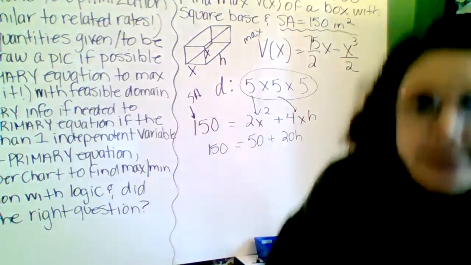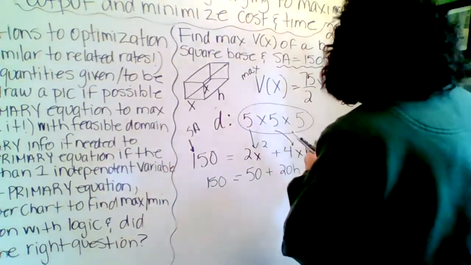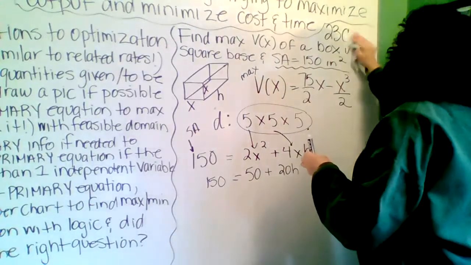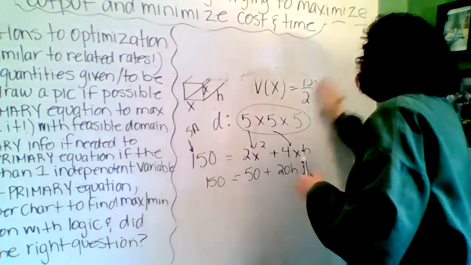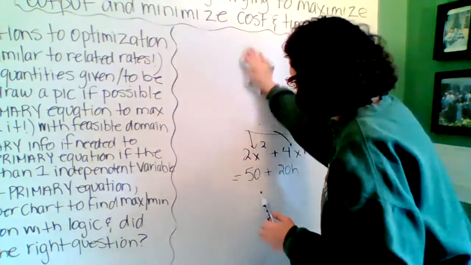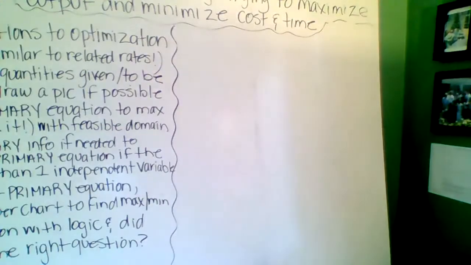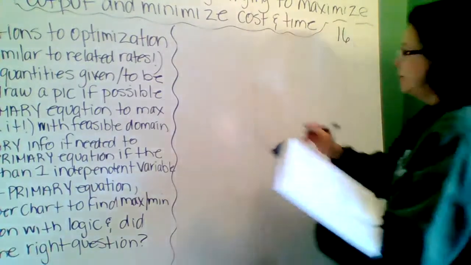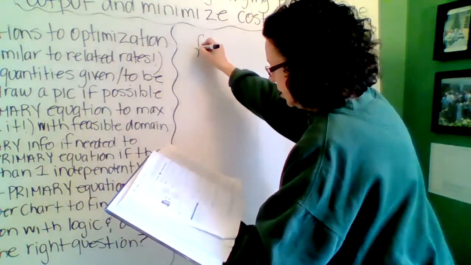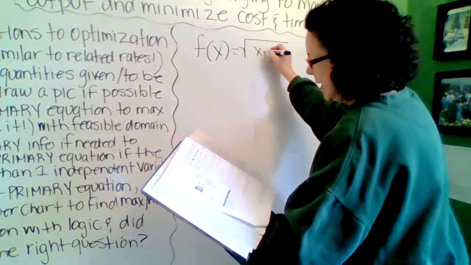Let's do problem number 16. Of course, it's a minimizing problem. Okay, let me write that. On number 16, they give you a function, f of x equals the square root of x minus 8.